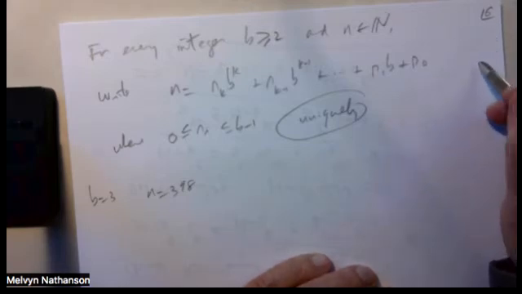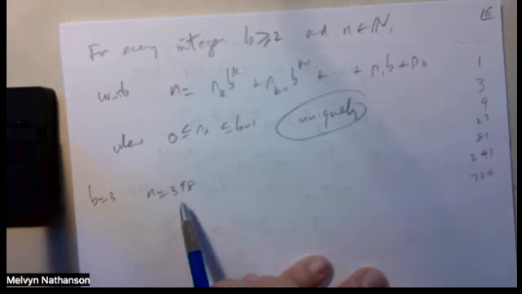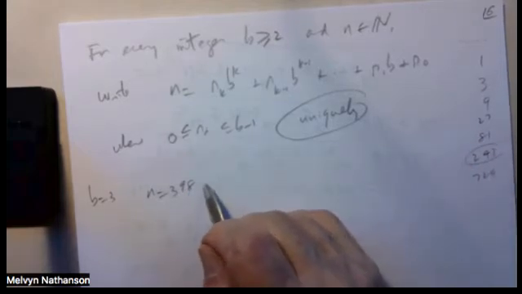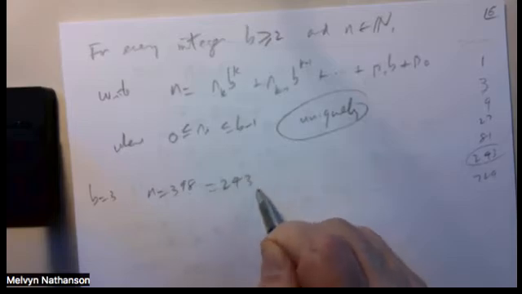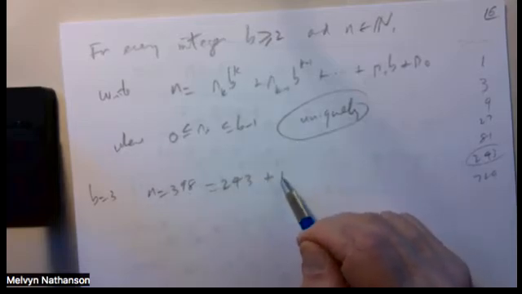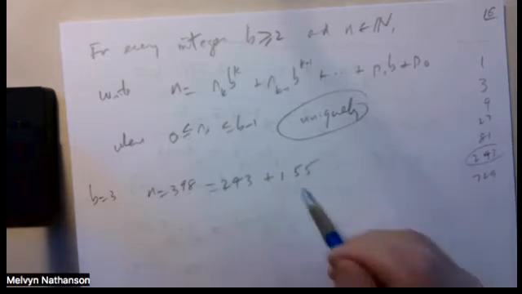So what are the powers of 3? 1, 3, 9, 27, 81, 243, 729. Well, up to 398, the largest power is 243. So let's take that. That's 243, and the remainder is 155.